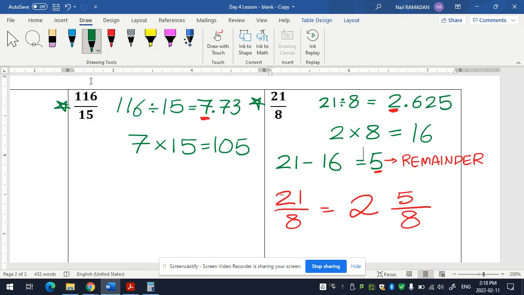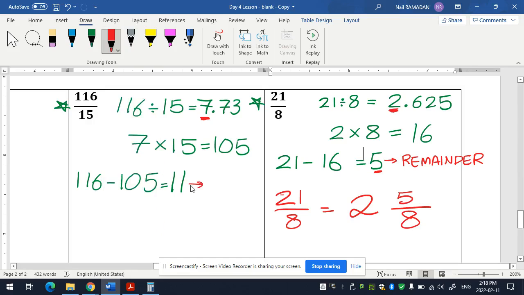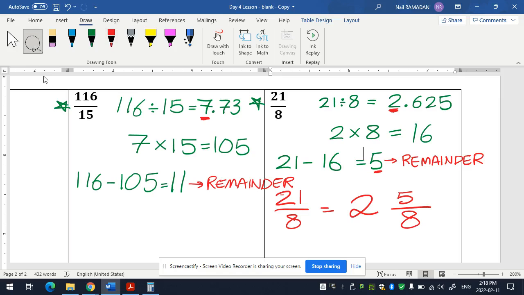16 is less than 21. 105 is less than 116. So the amount of money that you get to keep is 116 subtract 105, which is $11. So that's my remainder.